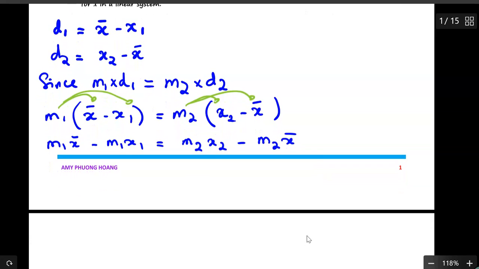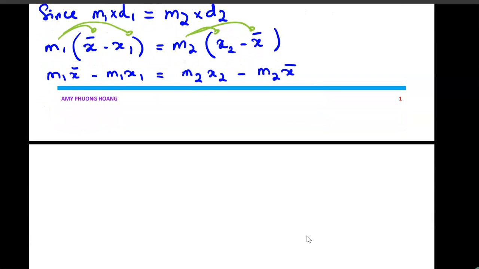What I'm going to do is rearrange the terms. Whatever term involves the x bar, I will move over to the left hand side of the equation, because in the end I want to isolate and find x bar. So I will write m1 x bar.